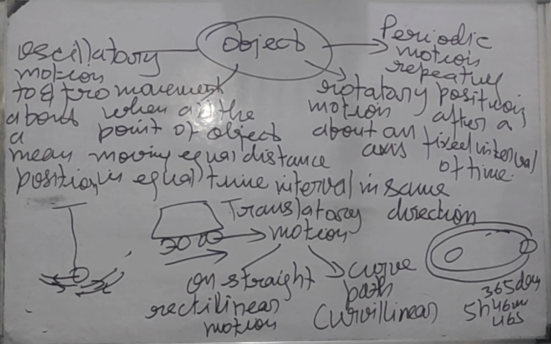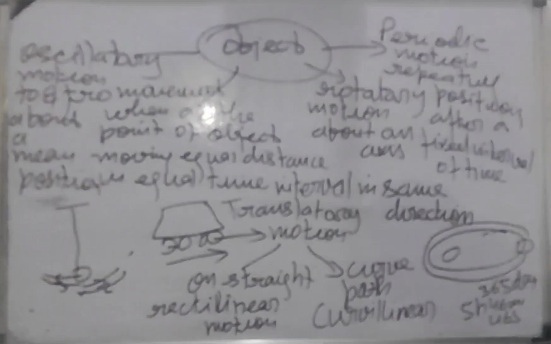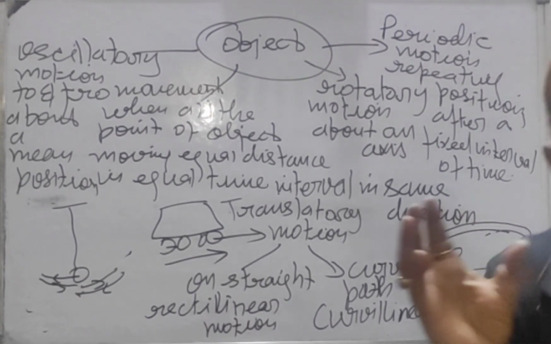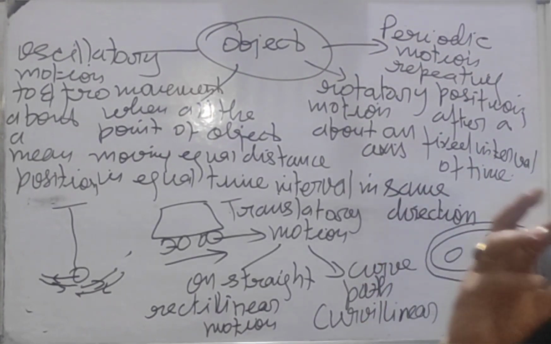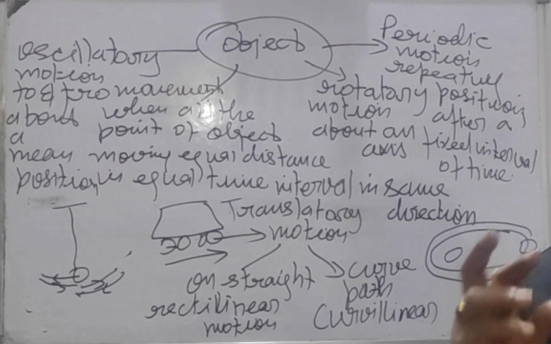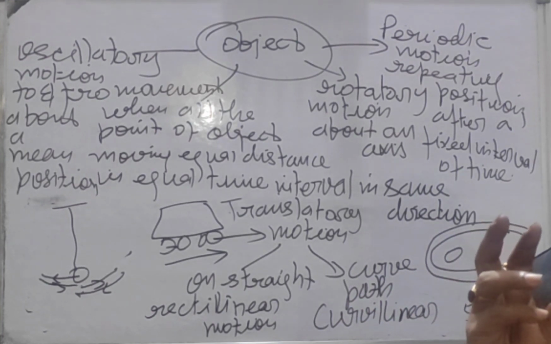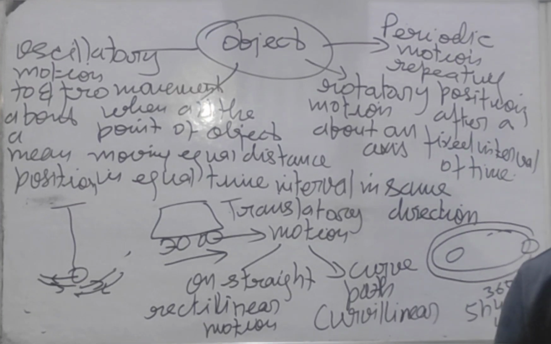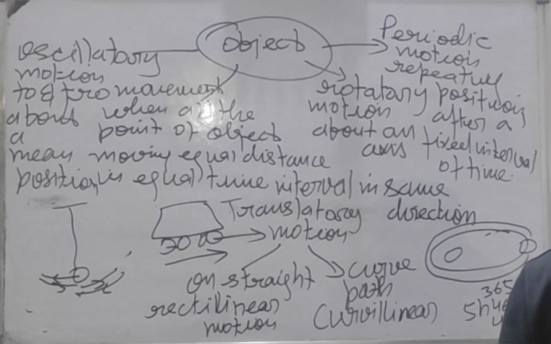The point is that it takes 27 days to rotate around the earth, and it takes 27 days in rotating about its axis also. Getting my point?